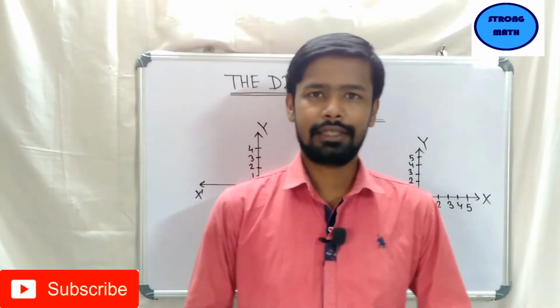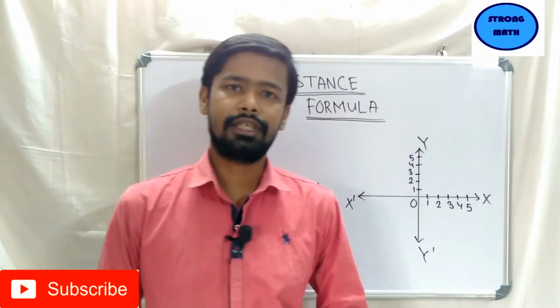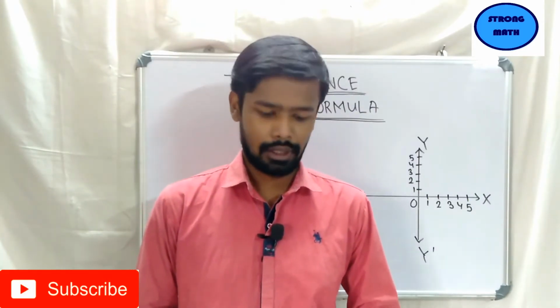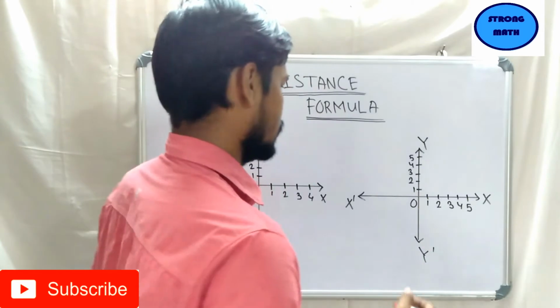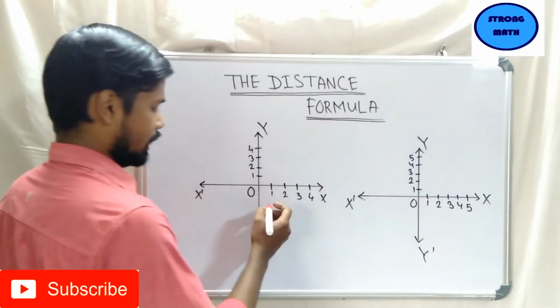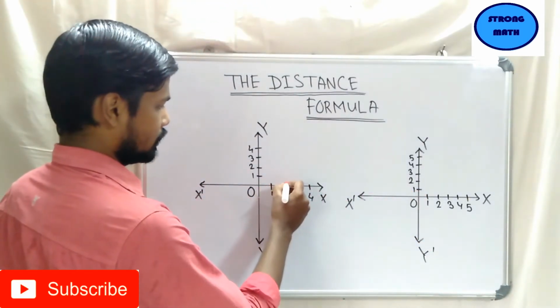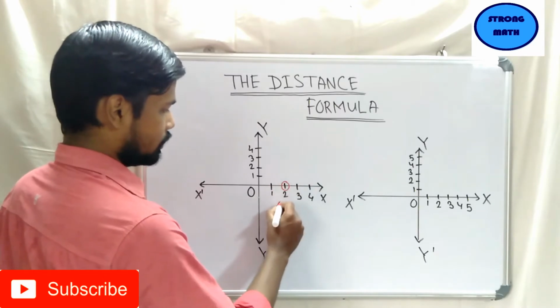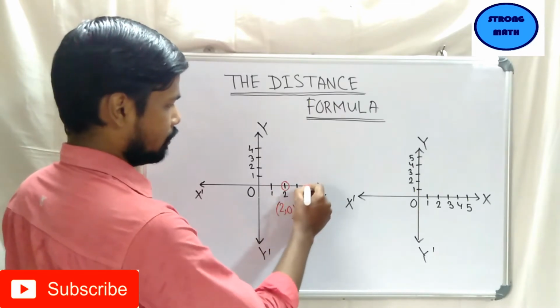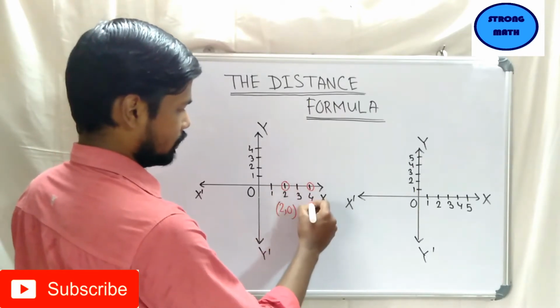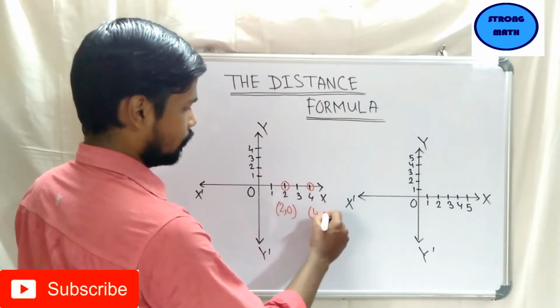At first let's discuss the distance between any 2 points. Suppose 2 points are lying on the x-axis. The first one has coordinates 2, 0 and the second one is the point whose coordinates are 4, 0.